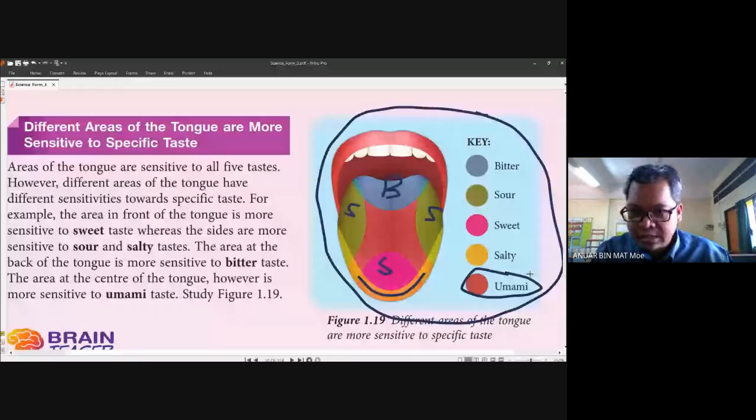Sorry, this area is sweet. Where is umami? This area is salty, and then umami. What is umami? Umami is the combination of all these four tastes. You just remember the location on our tongue where we can taste more of the bitter, sour, sweet, salty, and umami. Ini bahagian-bahagian dia, kamu kena ingat.